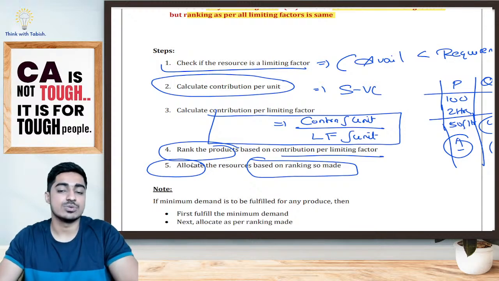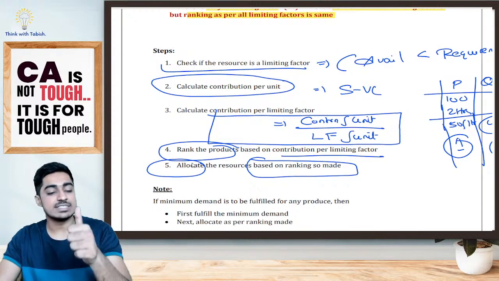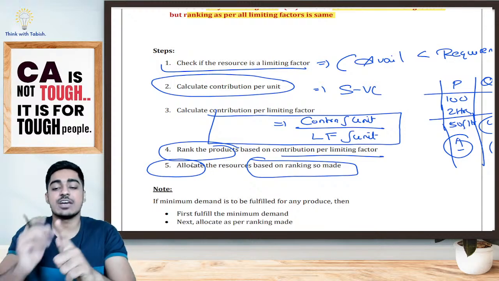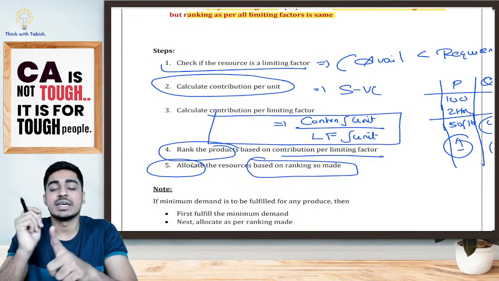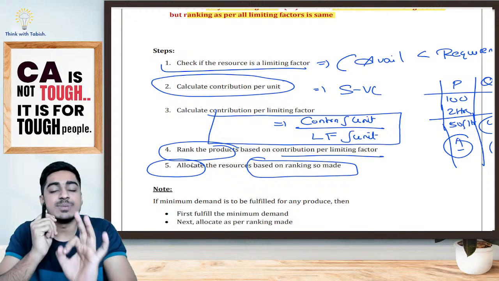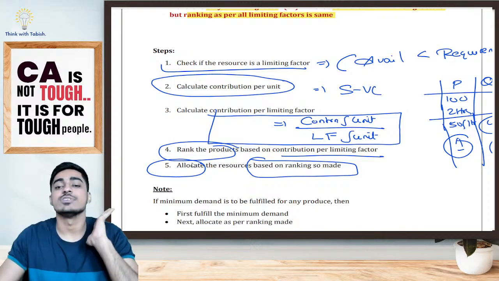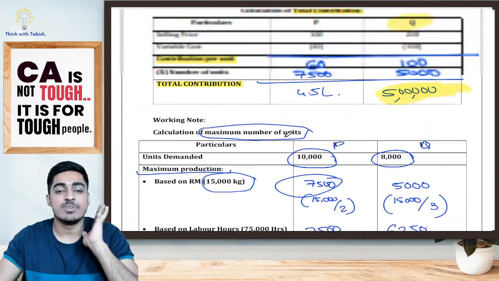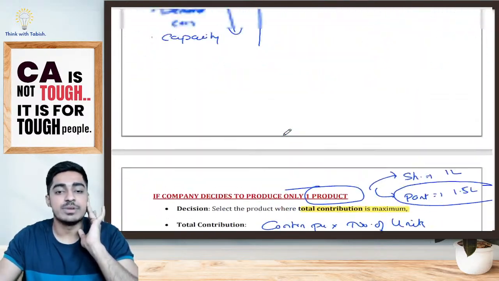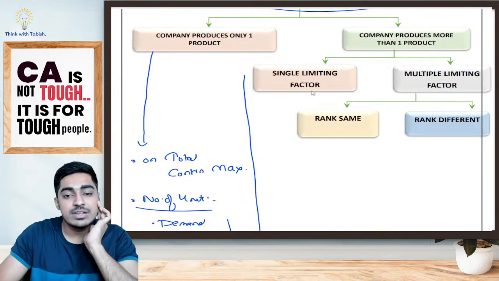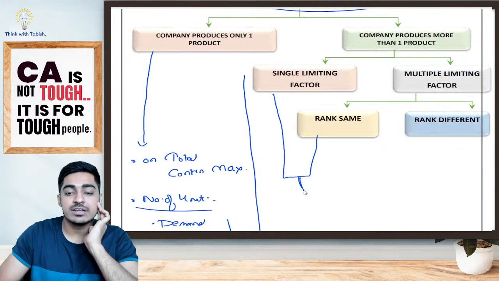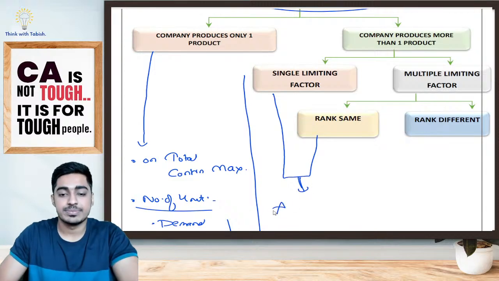Is it clear, students? If we have a single limiting factor or if we have multiple limiting factors but rank is the same, then the simple one-line rule is: allocate resource based on contribution per limiting factor. We will calculate contribution per limiting factor and based on that we will be allocating the resource.